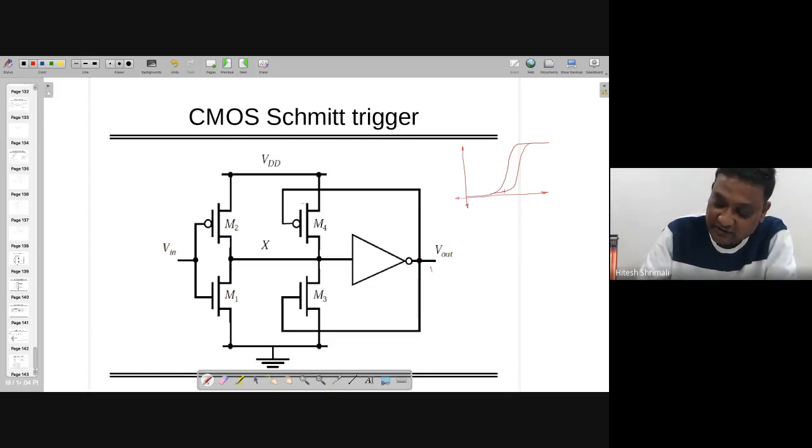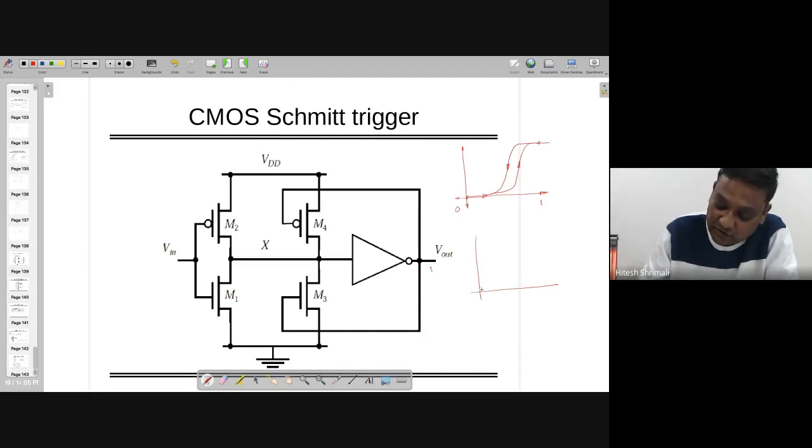So we are interested in this kind of curve, right? When you are traveling from 0 to 1 and maybe coming from 1 to 0, what is going to happen? So here you can see that when you are going from, let's say, 0 to 1, as these are two inverters back to back, it's actually a buffer circuit, right?